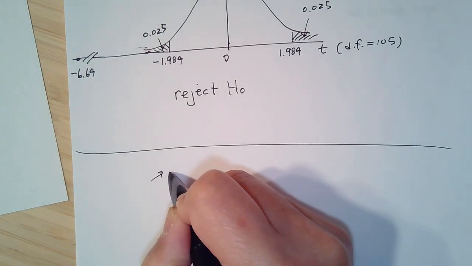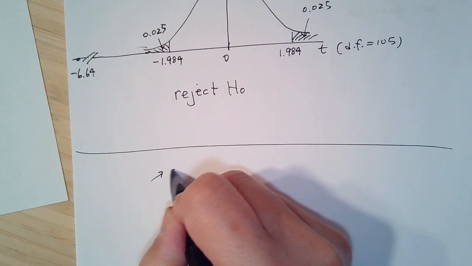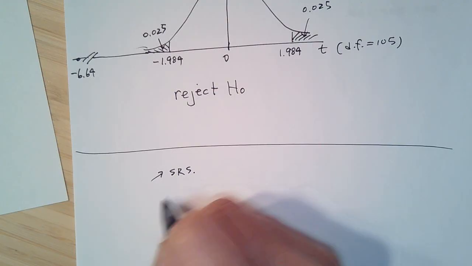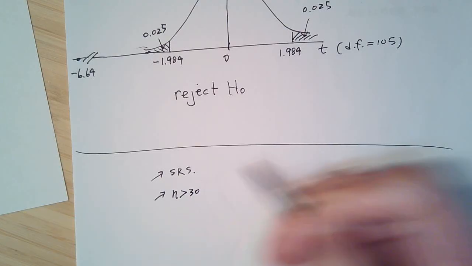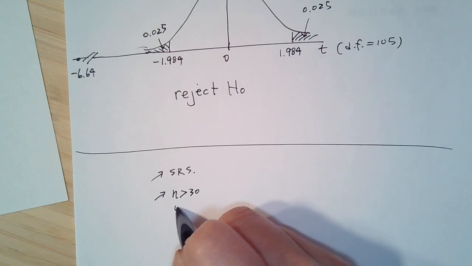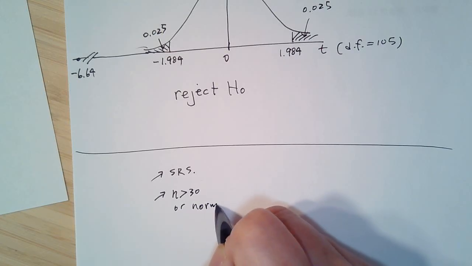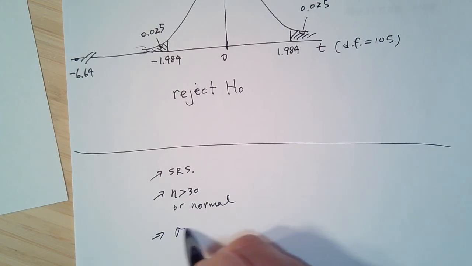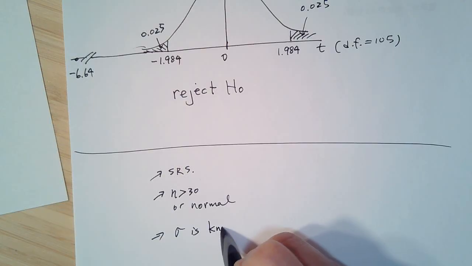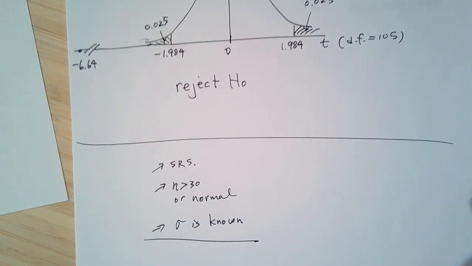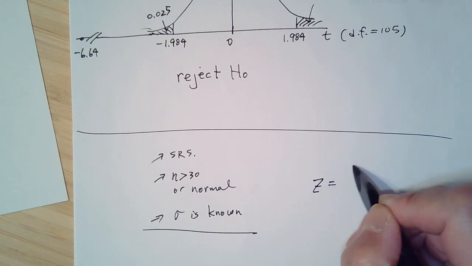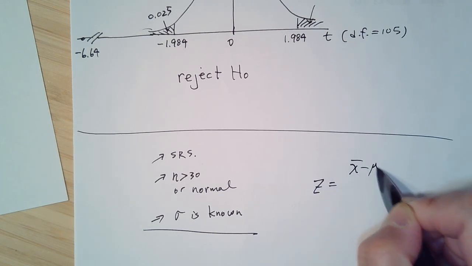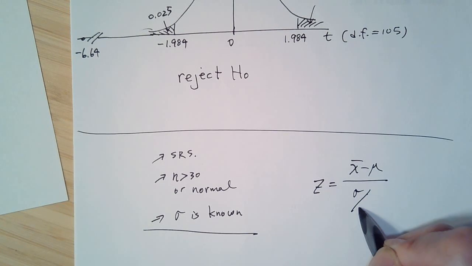It's a simple random sample, and then either n is greater than 30 or normal, and the other one, sigma is known. In a very rare case, sigma is known. When sigma is known, then the test statistic will be z. So that would be x bar minus mu over sigma over root n.